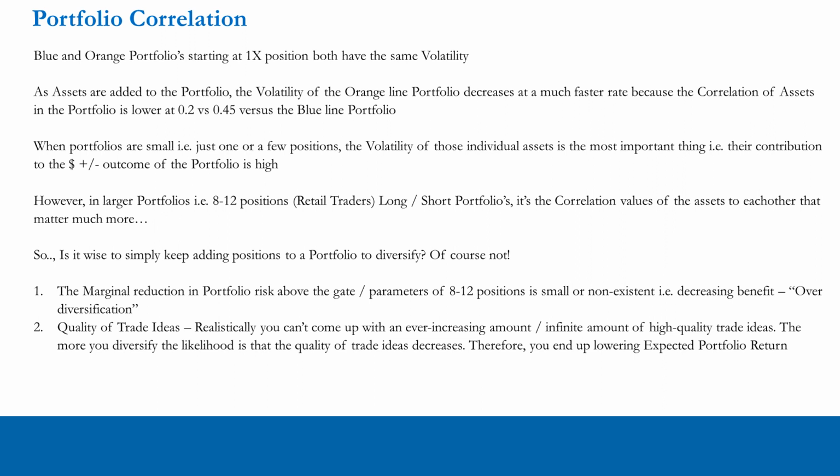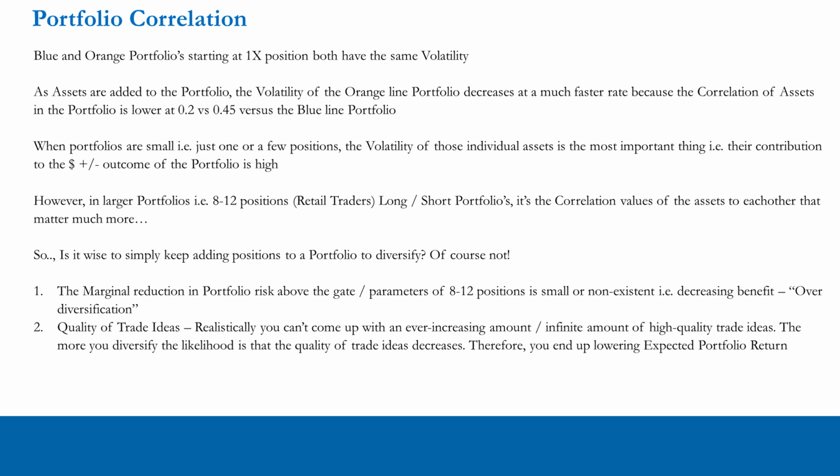And as assets were added to the portfolios, the volatility of the orange line portfolio decreased at a much faster rate because the correlation of the assets in that portfolio was lower at 0.2 versus 0.45 for the blue line portfolio.